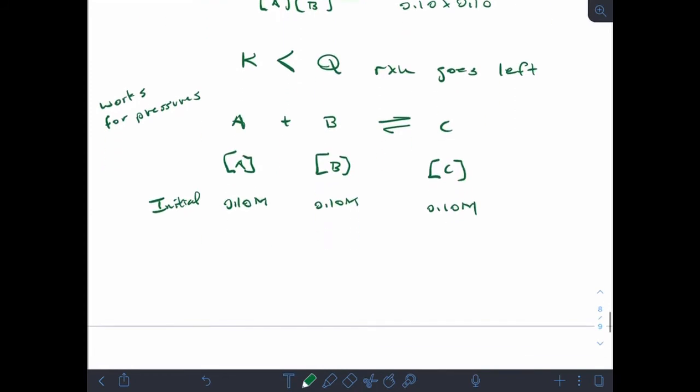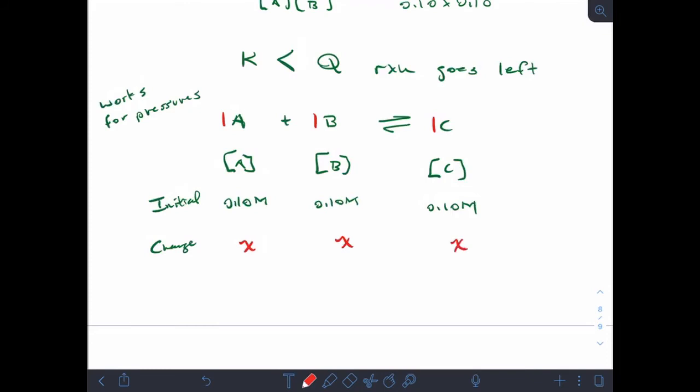And I'm told that we start with 0.1 molar of each. My change line is what is happening. How much does each concentration change? And since we don't know what that change is yet, we're just going to say X. But X is directly related to the stoichiometry. Remember that we had stoichiometry of 1 for each component, so I'm going to say 1x for each one.